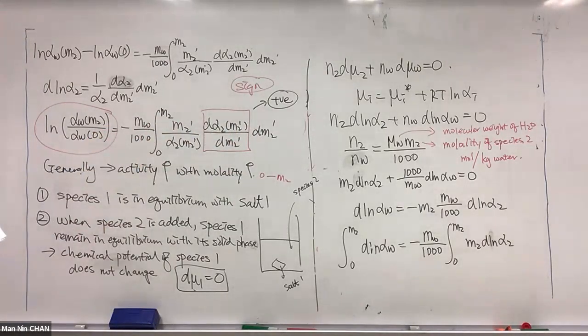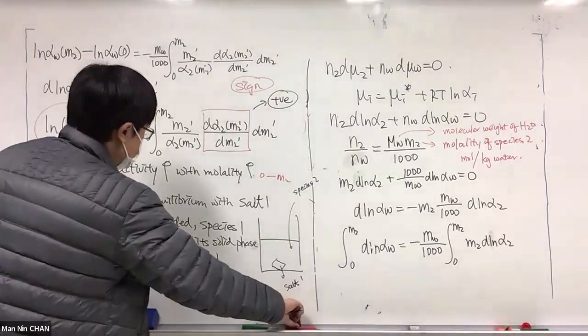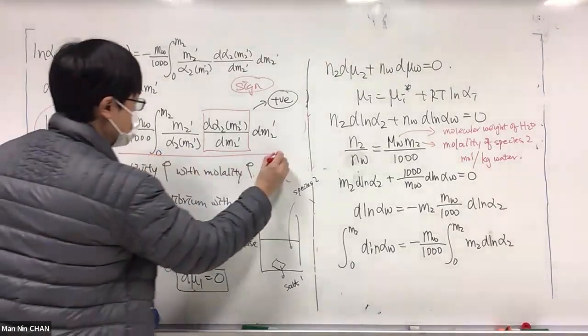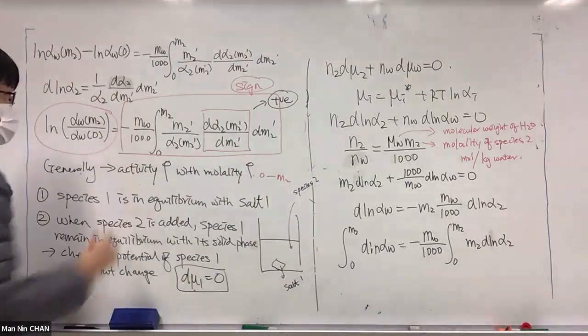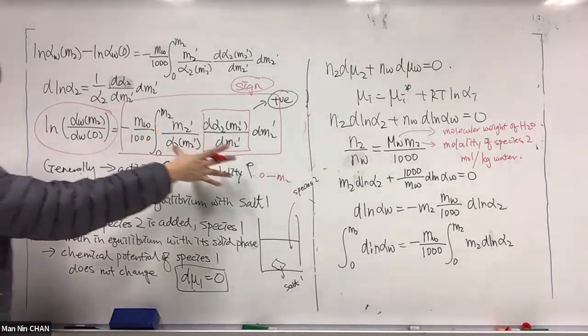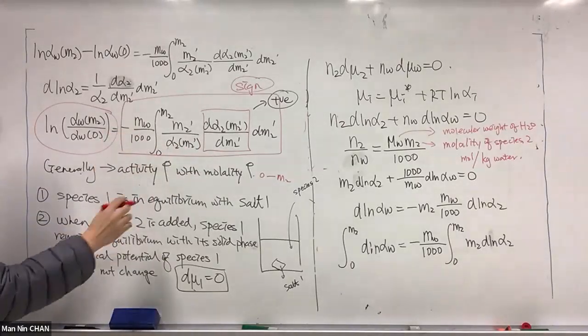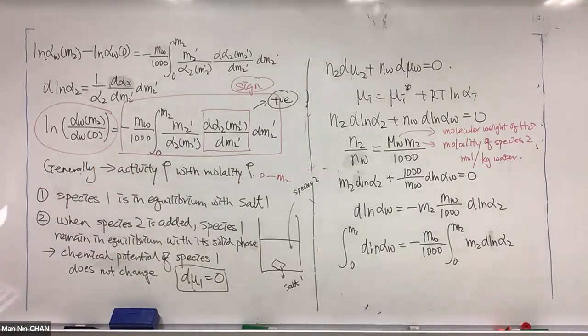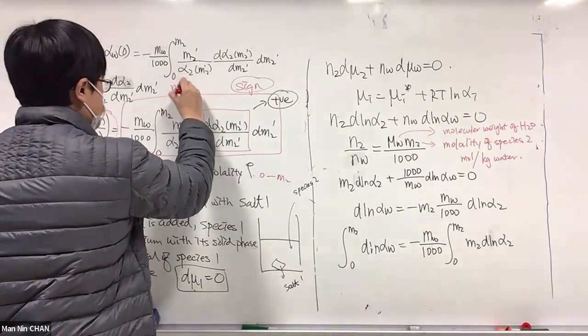So therefore, the whole term on your right-hand side is positive, and with this negative sign, that would be negative. So your sign would be negative.